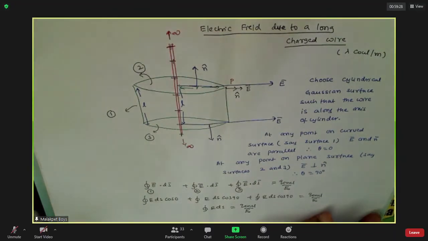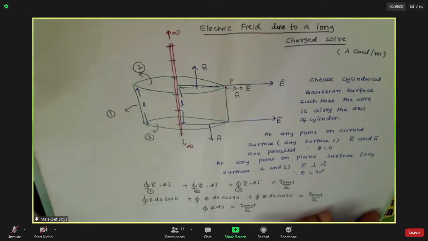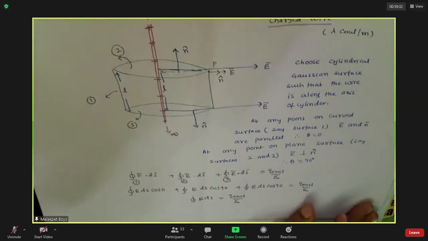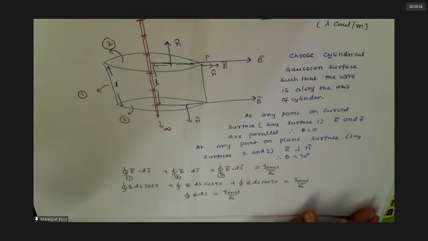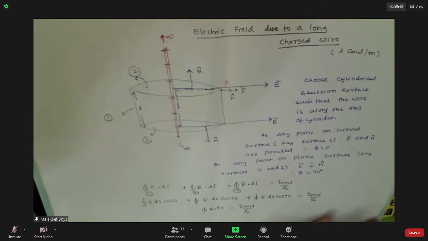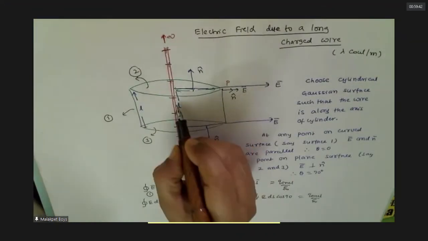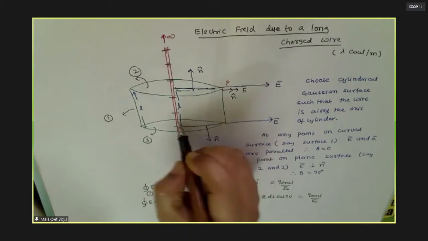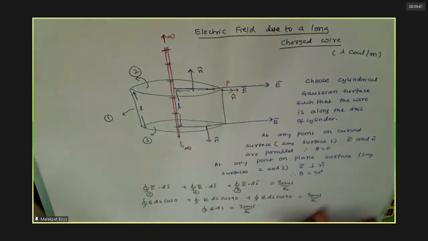Shall I turn this? One minute, sir. Done, sir. See, any point on the curved surface is the same distance from the wire, no? Yes, sir. We can write.